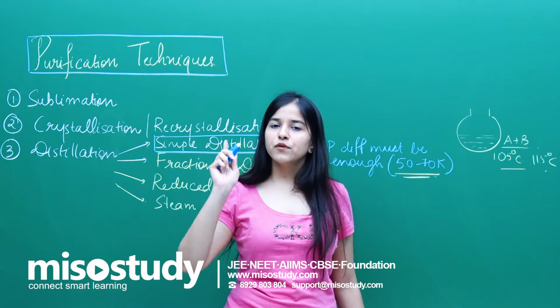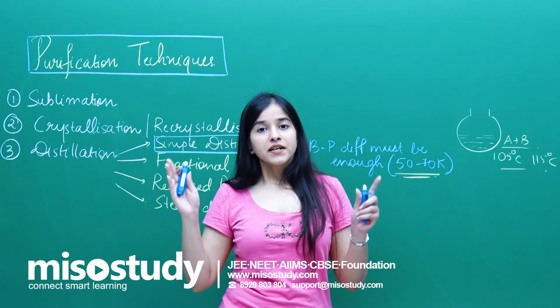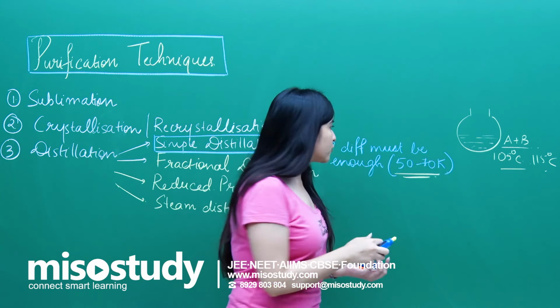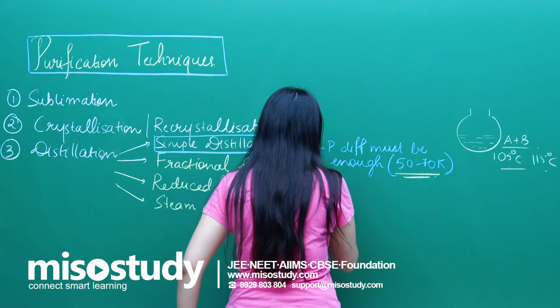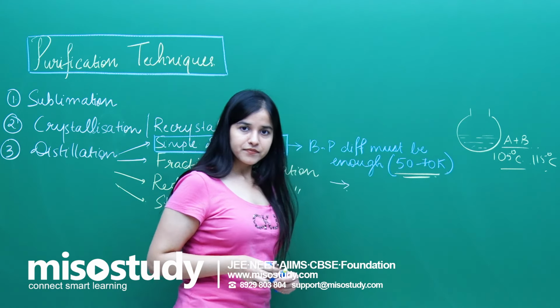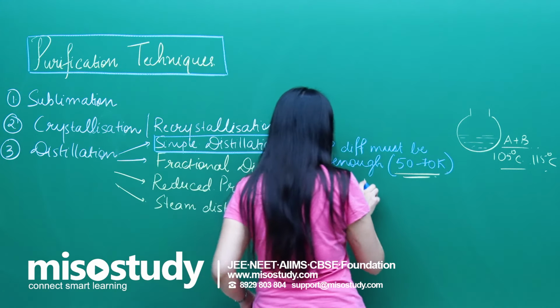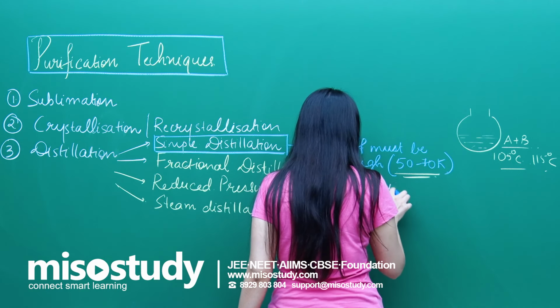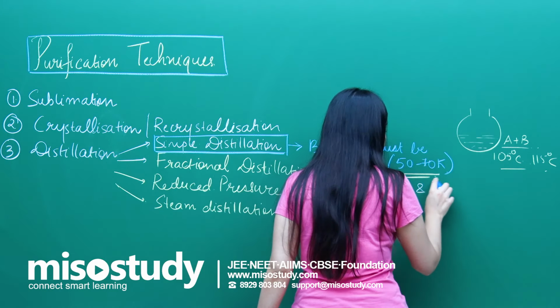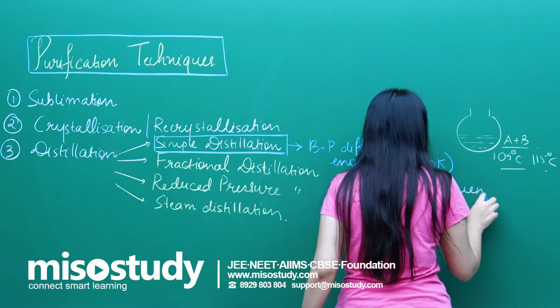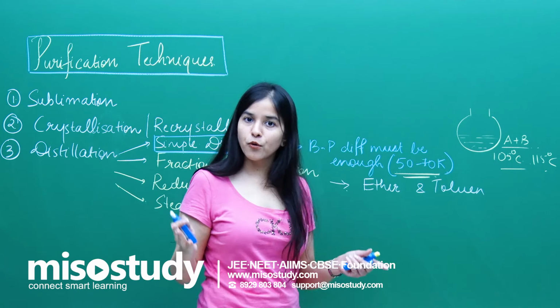That is why we need compounds which have a difference in the boiling point. And what are those compounds? Can you give me an example? So it's ether and toluene, that is also a mixture. They have got sufficient difference of boiling points.